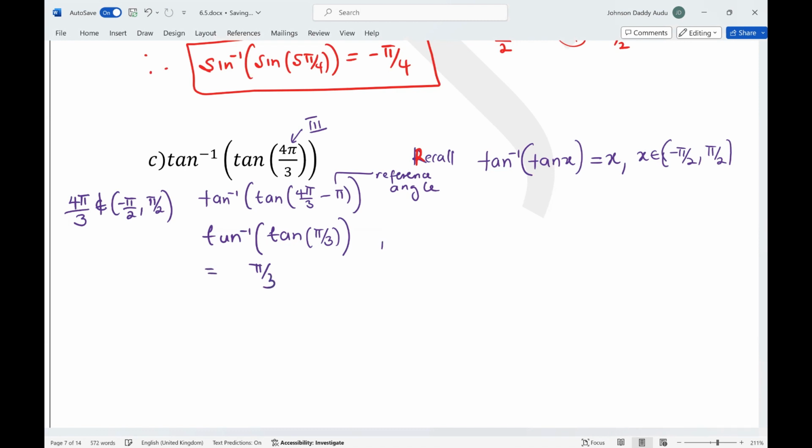And the reason is since pi over 3 is inside which interval? It's in the interval minus pi over 2 to pi over 2. So this is the final answer, just pi over 3.